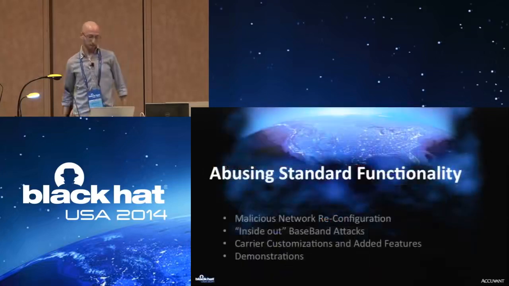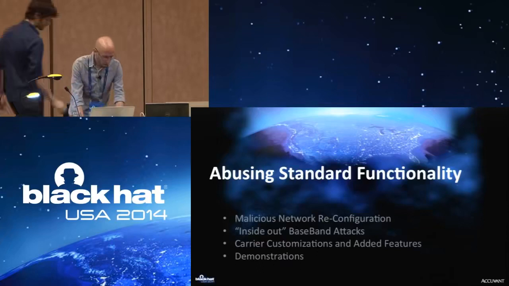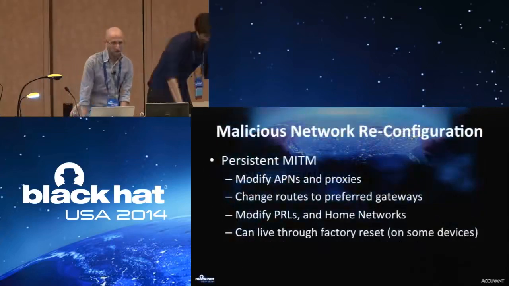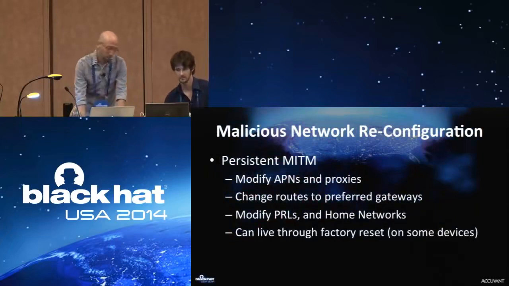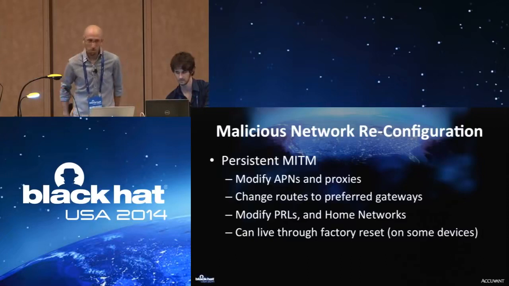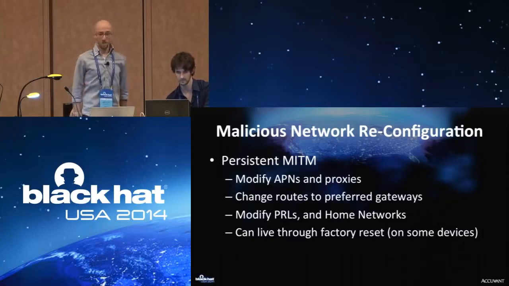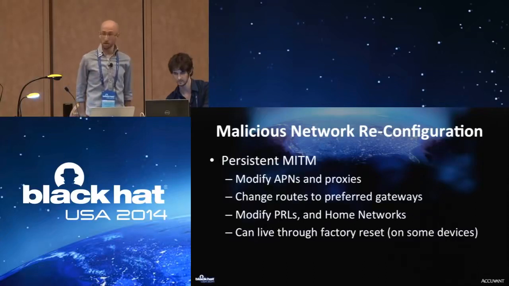So let's go into abusing some of the standard functionality. I'm going to talk about some of the interesting things you can do with just the standard functionality. One thing I liked: if you're using proximity attacks, so you have to get a base station pretty close, you can then do persistent man-in-the-middle. You can reconfigure different device settings to always go over proxies or APNs, different kinds of routes that you want.